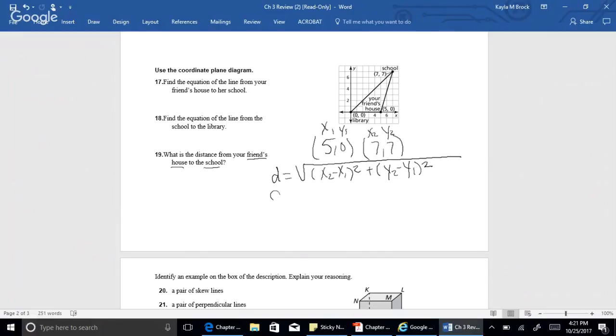Okay? So I'm going to rewrite this out, putting in my actual numbers. x2 is 7, x1 is 5, y2 is 7, y1 is 0.